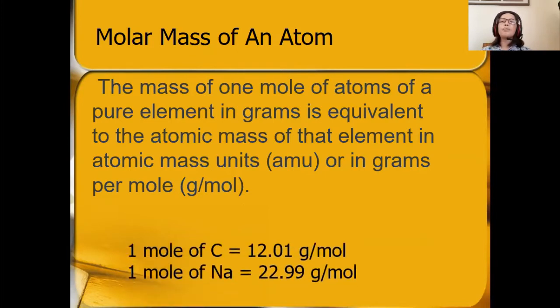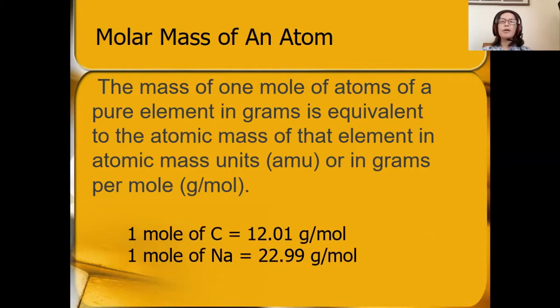Say, for example, if you have the element carbon, what is the mass of 1 mole of carbon? Since carbon has a mass of 12 grams per mole, for every 1 mole of carbon, that will represent its molar mass.